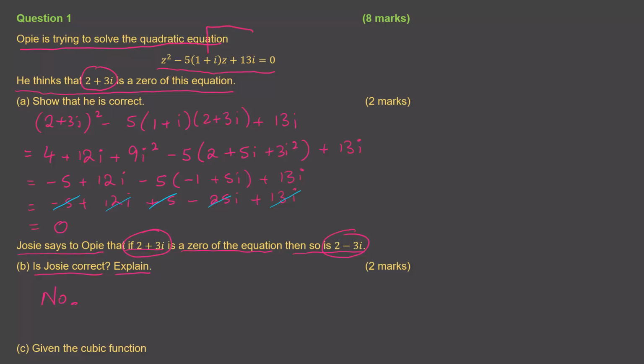And here we have a complex coefficient. Therefore, that's not true. Note that we also have a purely imaginary constant term. Either of those things would invalidate this statement about the conjugate pairs, and in this case, both of them are present.